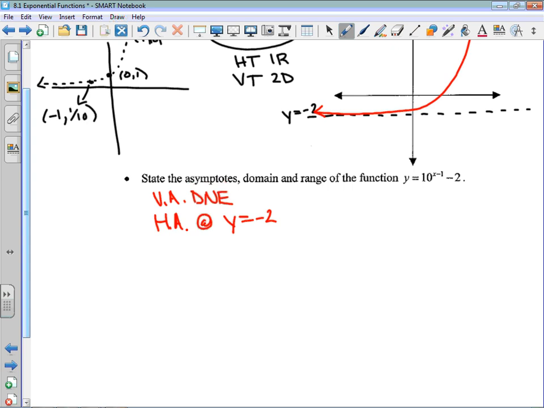All right, x can be anything. There's no limit on the value of x. But what about y? If you look at y, because this is exponential growth, it's always greater than the asymptote. The asymptote, though, now is at y equals negative 2. So we would have to say that y is greater than negative 2, but it's any real number that satisfies that restriction. All right, not too bad, I hope.